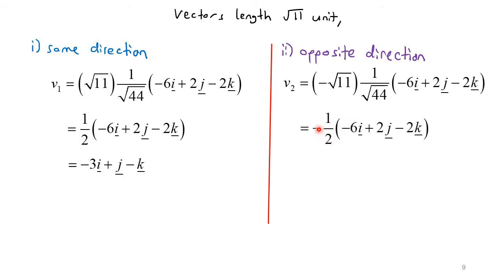So the second one will be negative 1 over 2, okay? The answer should be similar to V1, except the sign will change. Positive will become negative, and negative will become positive. So for V2, the answer is 3i minus j plus k. So here are these two possibilities of vectors having root 11 units.